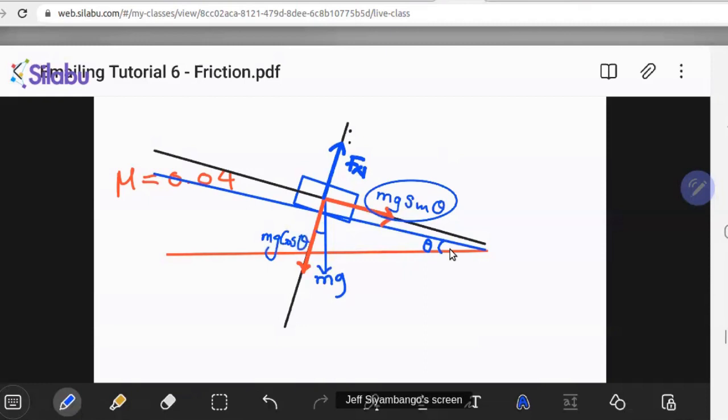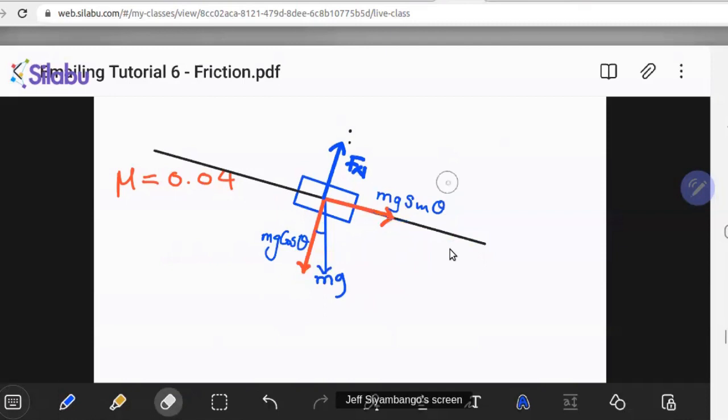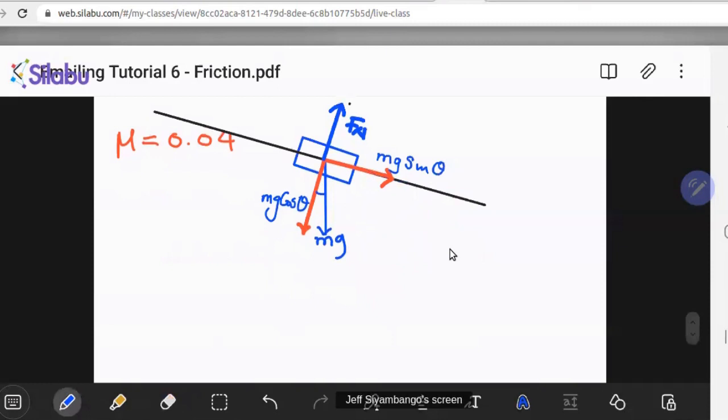With this in mind, let me erase everything else, the inclined plane and so on. Just look at the object itself. In the y-axis, if I sum the forces in the y-axis, this equals ma, not mg.